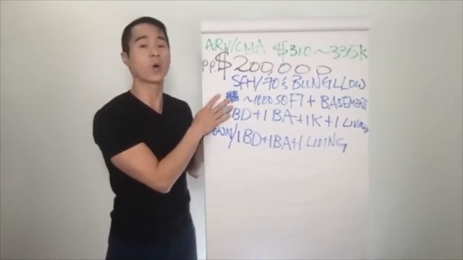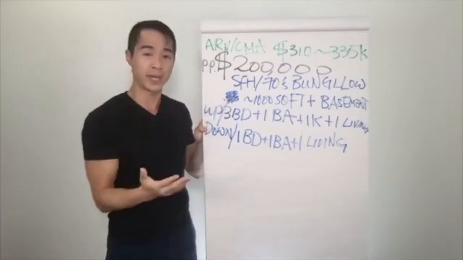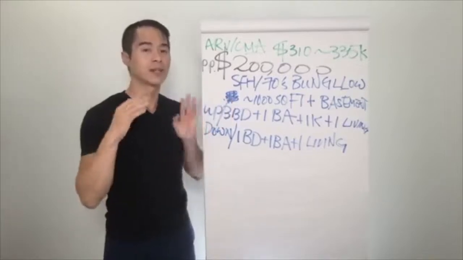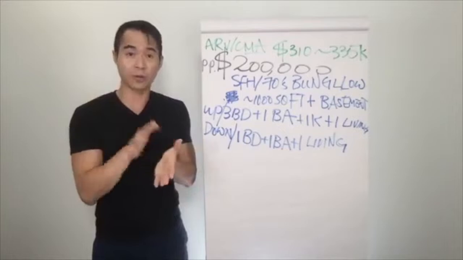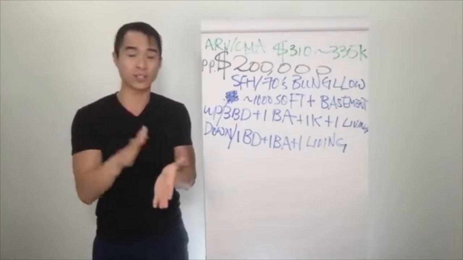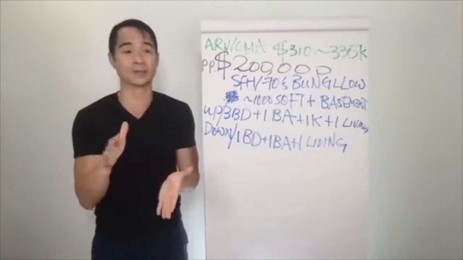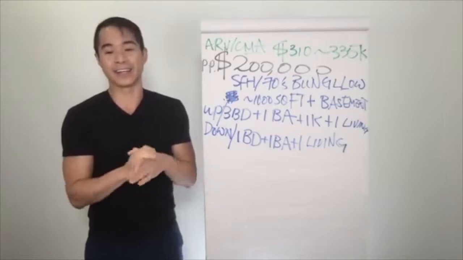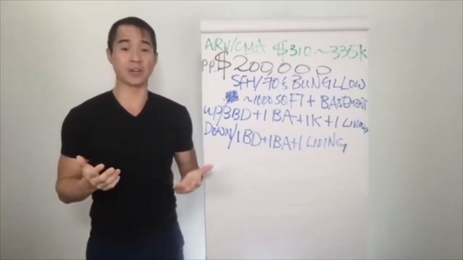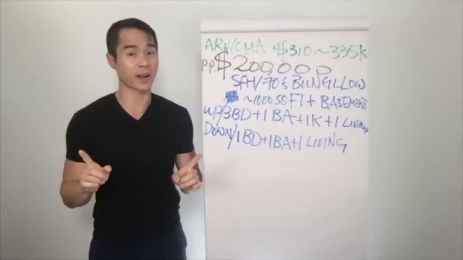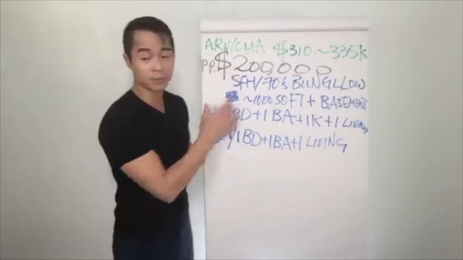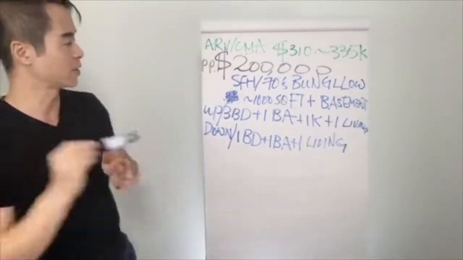It needed quite a bit of an update. Not structurally, just needs some new drywall, new doors, new hinges, new kitchen, new appliances, new toilet, new tub, and even potentially new windows. However, the windows were actually still pretty decent. So the point is, let's keep going, okay?